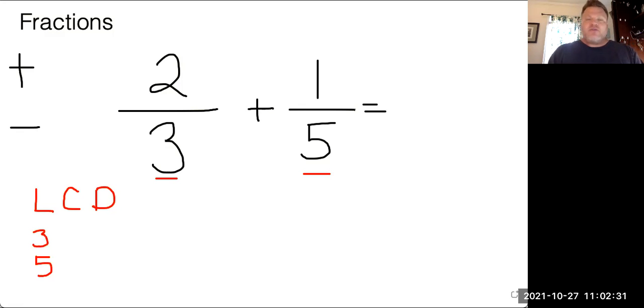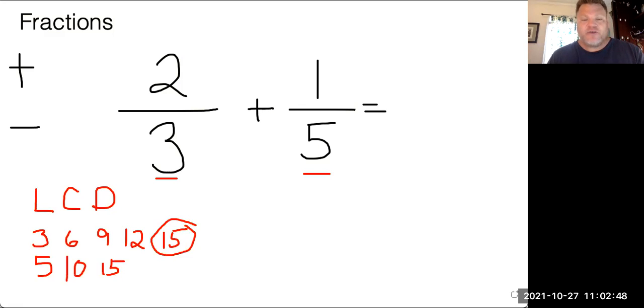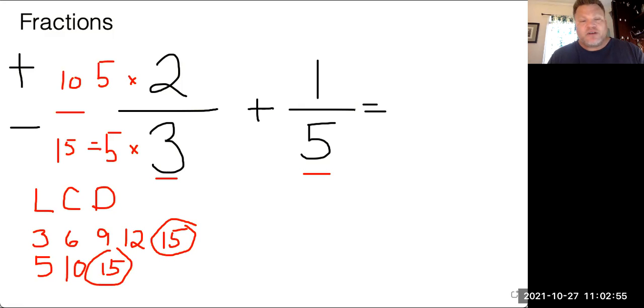So we take 3 and 5, and we start listing multiples. 3 times 1 is 3, 3 times 2 is 6, 3 times 3 is 9, 3 times 4 is 12, 3 times 5 is 15. 5 times 1 is 5, 5 times 2 is 10, 5 times 3 is 15, and we found our match, which means we have to change the bottom numbers to make them 15. If you change the bottom, you've got to change the top, so you've got to do that math.